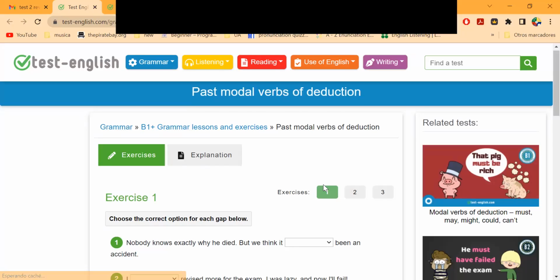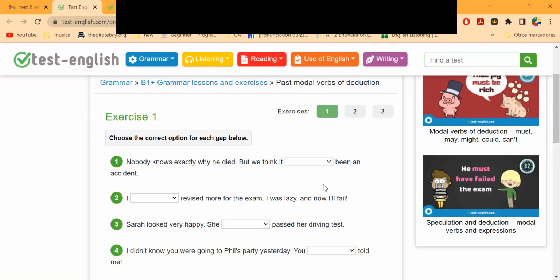So, in this case, you have to choose the correct option for each gap below. Nobody knows exactly why he died, but we think it might have been an accident. Might have. My God. Exactly. No puede ser este que es más.